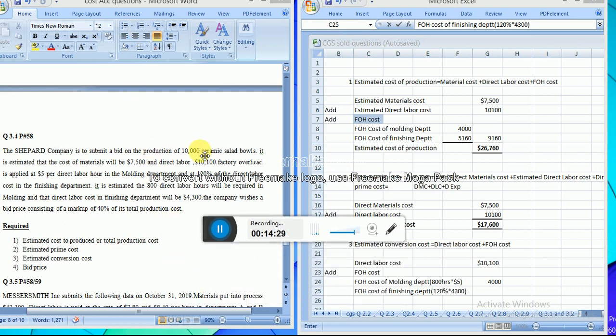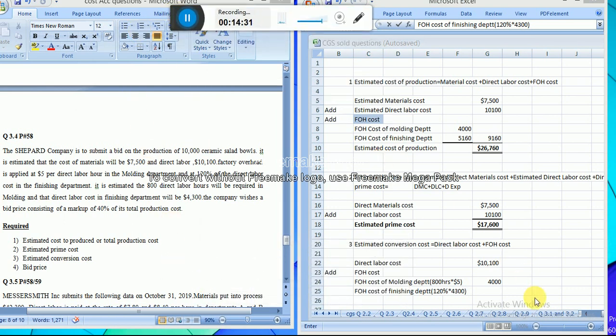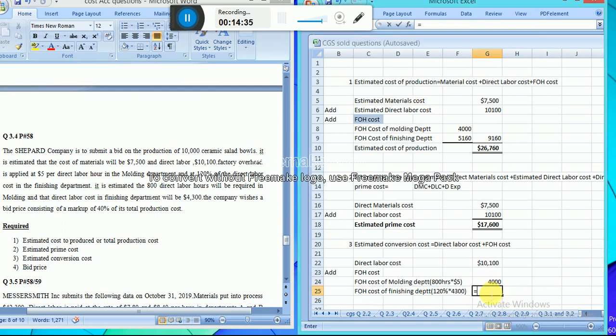So 120% of 4,300: 120 divided by 100, that is 120% multiplied by 4,300, equals 5,160.